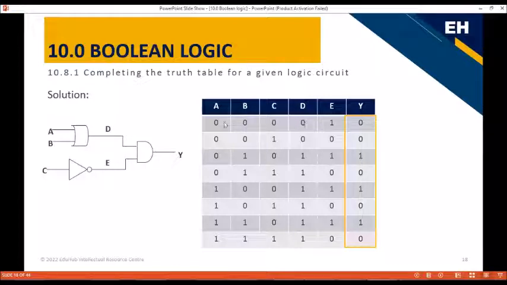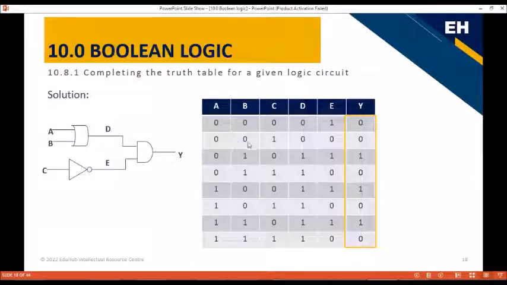The rule guiding the OR gate states that the output can only become 0 when both inputs are 0. So if any one of the inputs is 1, or even both inputs are 1, then the output should be 1. In the first row, A is 0, B is 0, of course D should be 0.